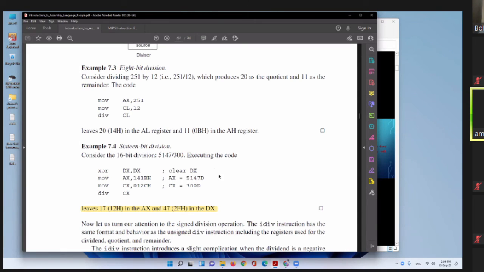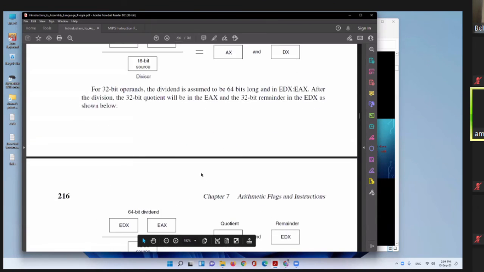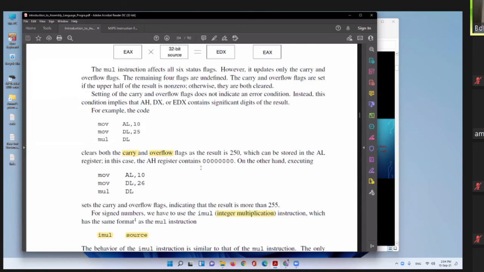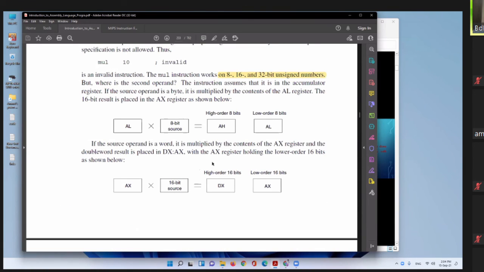All right. And what about the multiplication, sir? In multiplication, if you want to multiply 2 numbers, same as before, let's say I give you one number which can be stored into an 8-bit source, and another which can be stored into another 8-bit source. Then you can do 8-bit by 8-bit. Let's say I ask you to multiply a 9-bit number and an 8-bit number. What are you going to do?